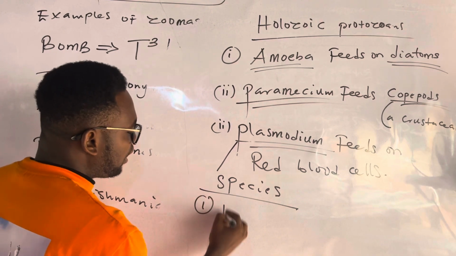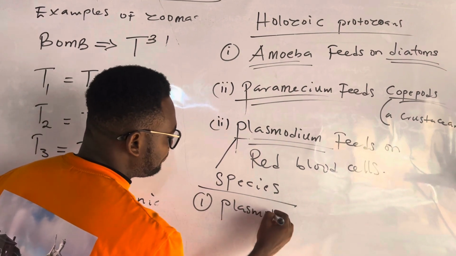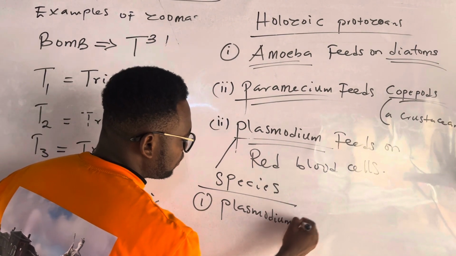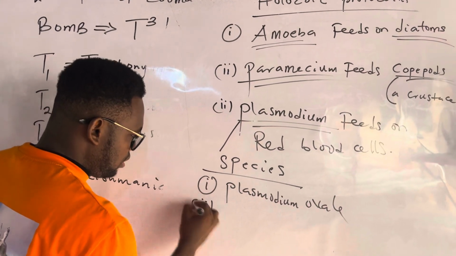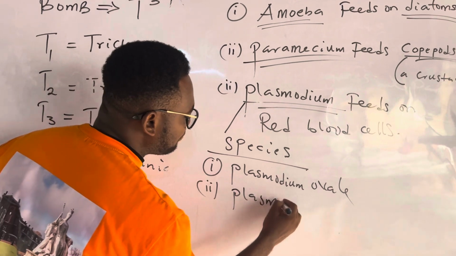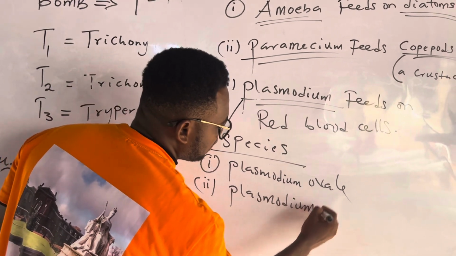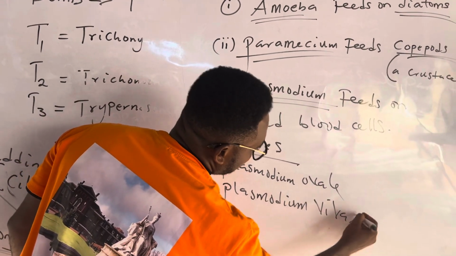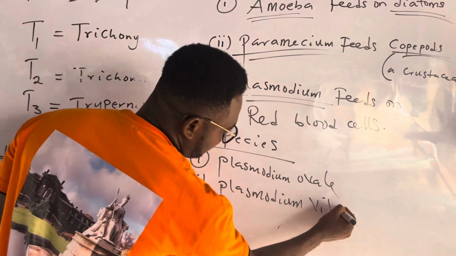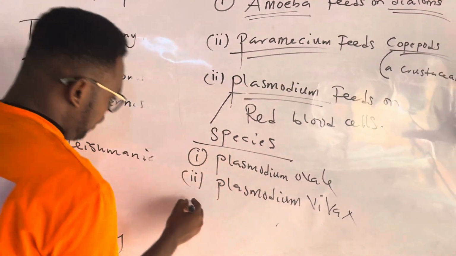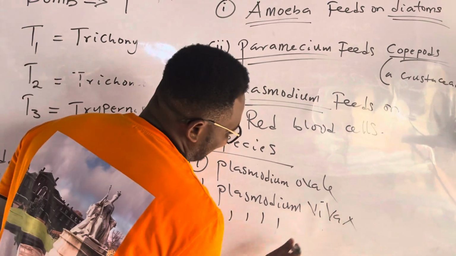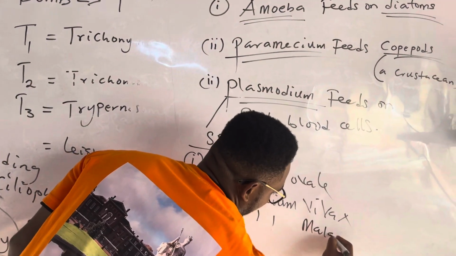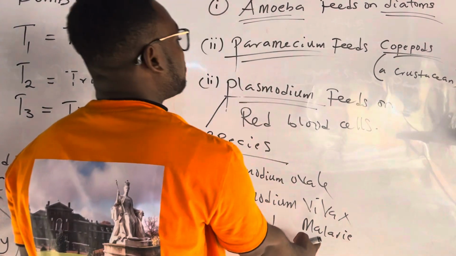Species of Plasmodium. Number 1, Plasmodium ovale. 2, Plasmodium vivax, V-I-V-A-X. Number 3, we have Plasmodium malariae.